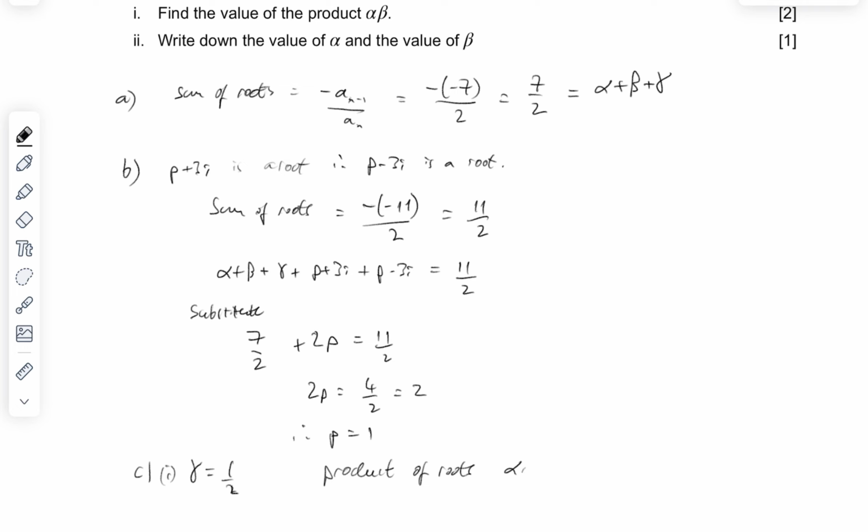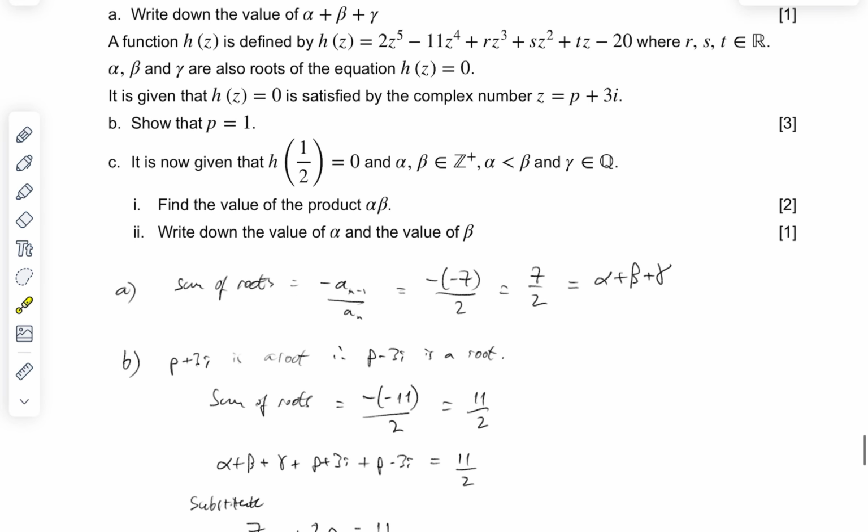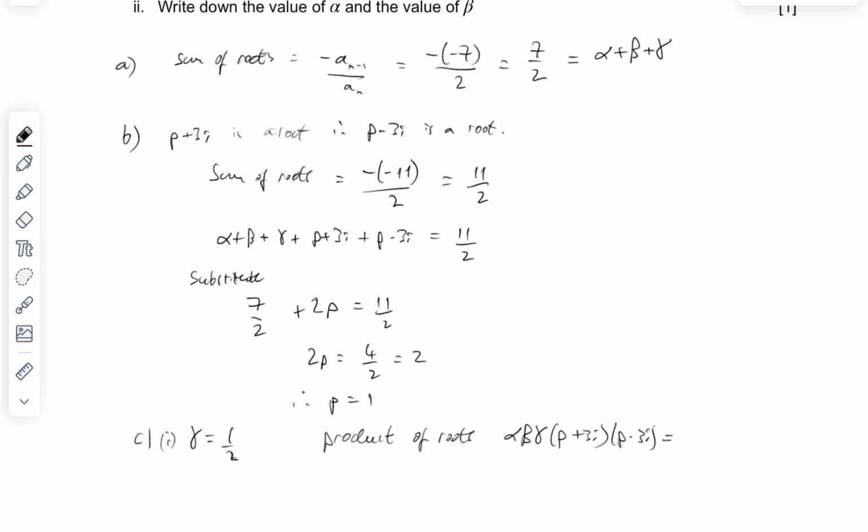So alpha beta gamma times p plus 3i times p subtract 3i is equal to the product of roots. It's a power 5, so we make this a negative, so that's negative 20 over 2, which equals negative 10.